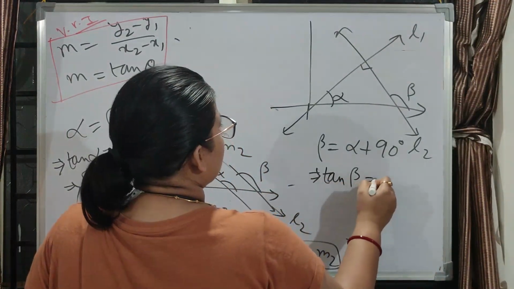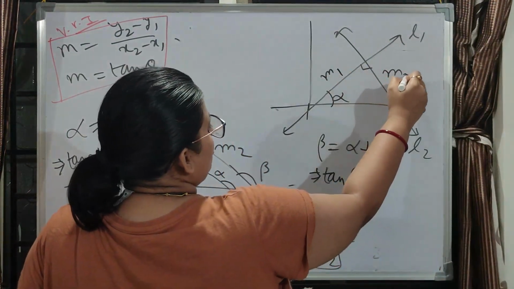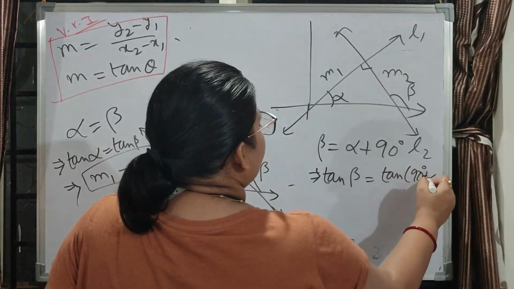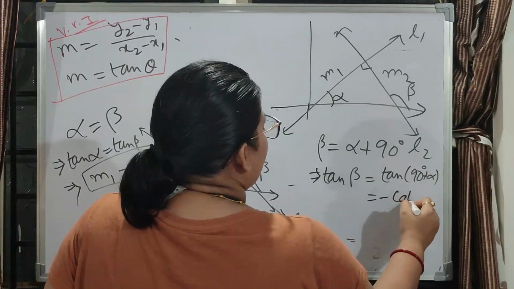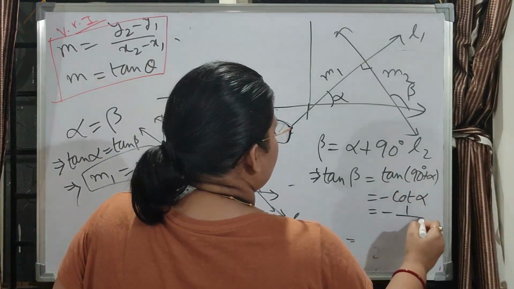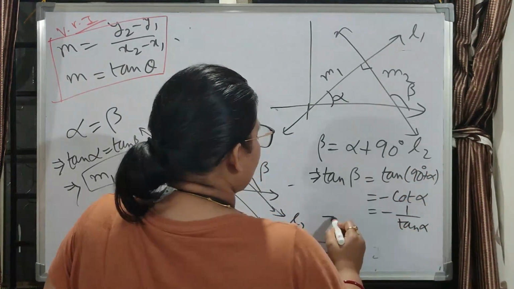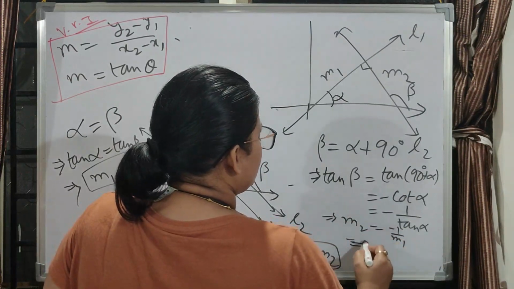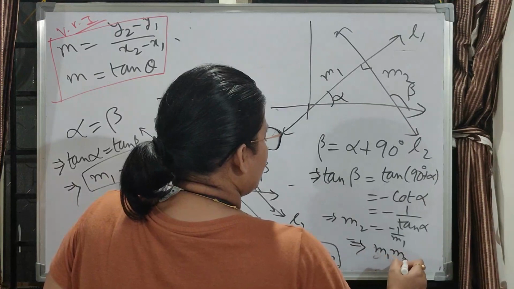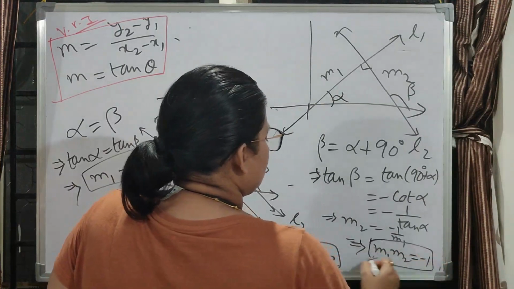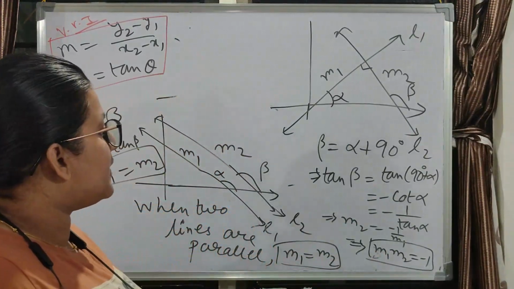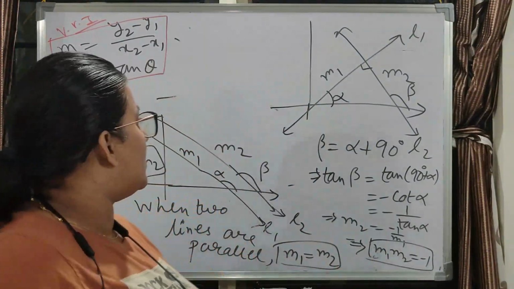Operating tan on both sides, this slope is m1, this slope is m2. Tan of 90 plus alpha is equal to minus cot alpha, that means minus 1 upon tan alpha. So here m2 equals minus 1 upon m1. So m1 m2 equals minus 1. These will be the conditions when two lines are perpendicular.